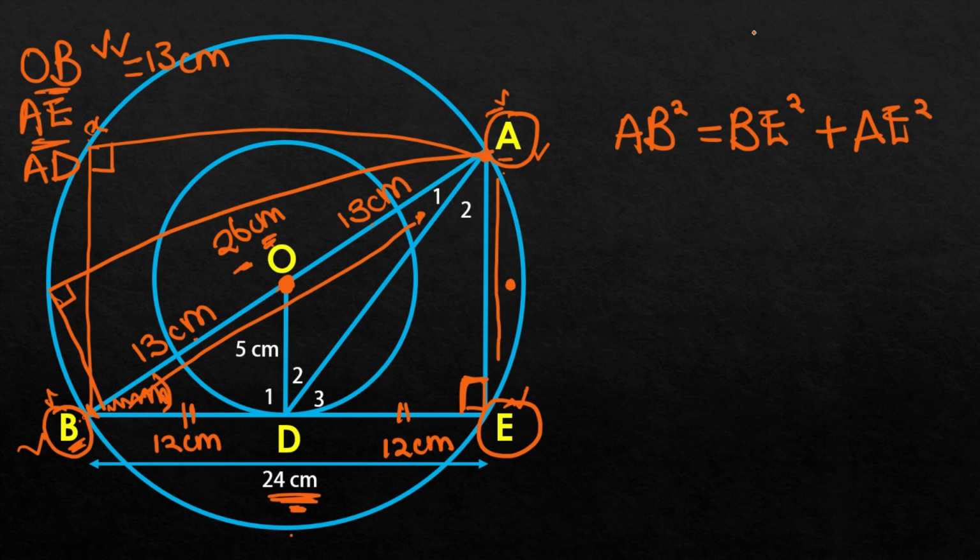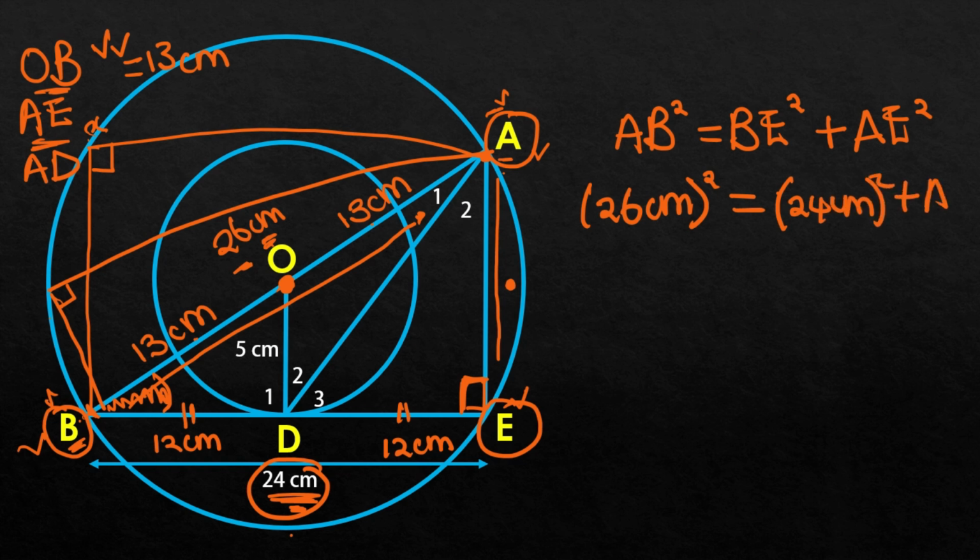So AB, we have established the fact that it is 26 centimeters, so this is going to be 26 centimeters squared is equal to BE, it is this one, 24 centimeters plus AE squared. This is the one that we're looking for.